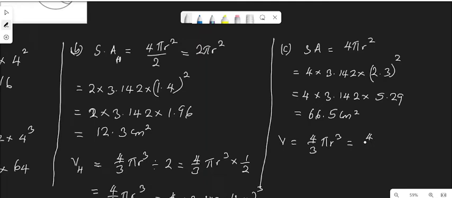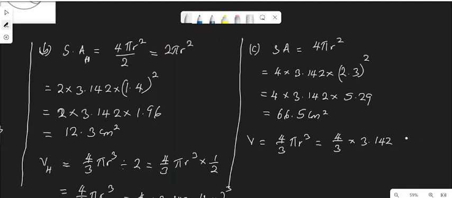That is 4 over 3 times 3.142 times the radius, which is 2.3 cubed. And 2.3 cubed will be 2.3 times 2.3 times 2.3, 12.167.